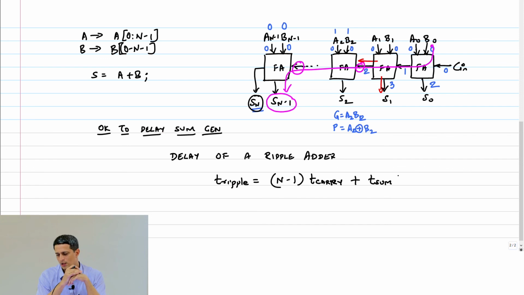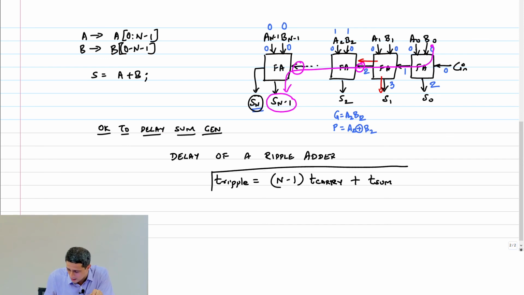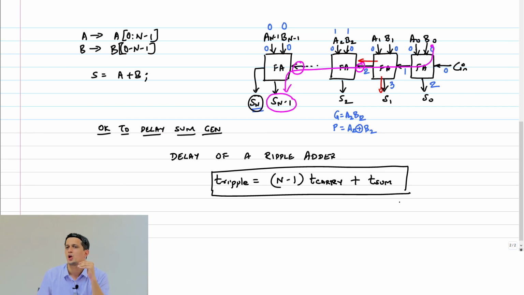Okay, so now this tells us that when we are creating our circuit for the full adder, we have to prioritize the carry out circuit over the sum circuit. Because ripple adder delay goes as n minus 1 times t carry plus only 1 t sum.